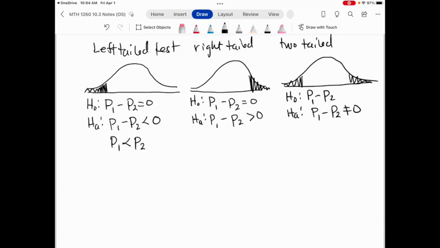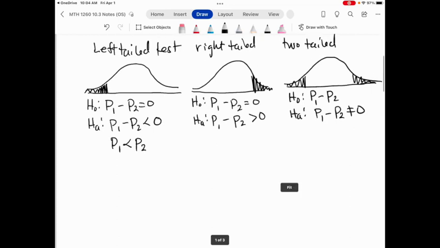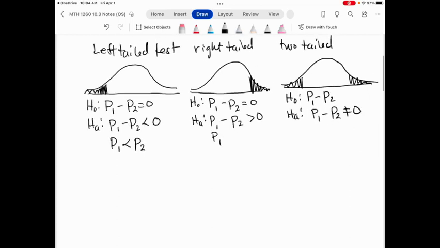Another way to write the right-tailed test is similarly, p1 would be greater than p2, because if p1 minus p2 is greater than 0, meaning it's positive, then p1 has got to be greater than p2. And then another way you can write the alternative hypothesis, if it's two-tailed, you can just state that p1 does not equal p2. They're different.